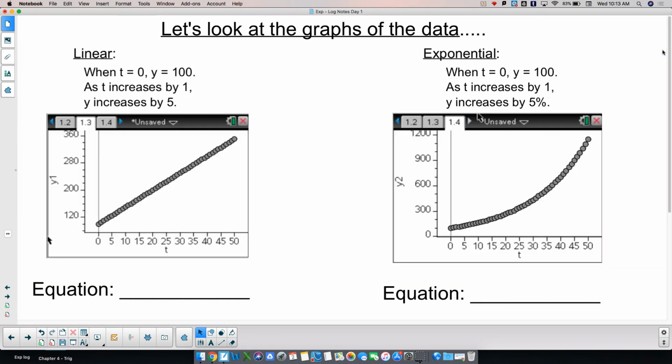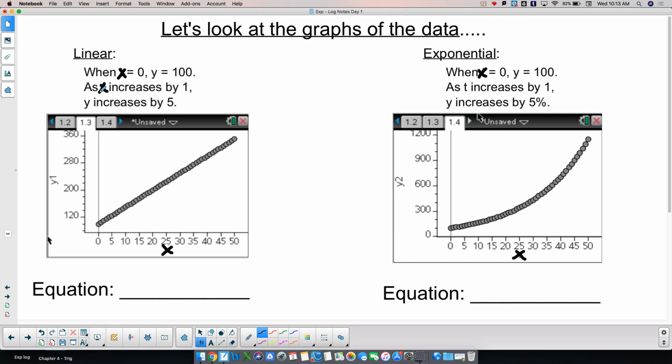On the left, I still forgot to change those. This should be an X. Those X's. So on the left here, it's linear. When X is 0, Y is 100. As X increases by 1, Y increases by 5.